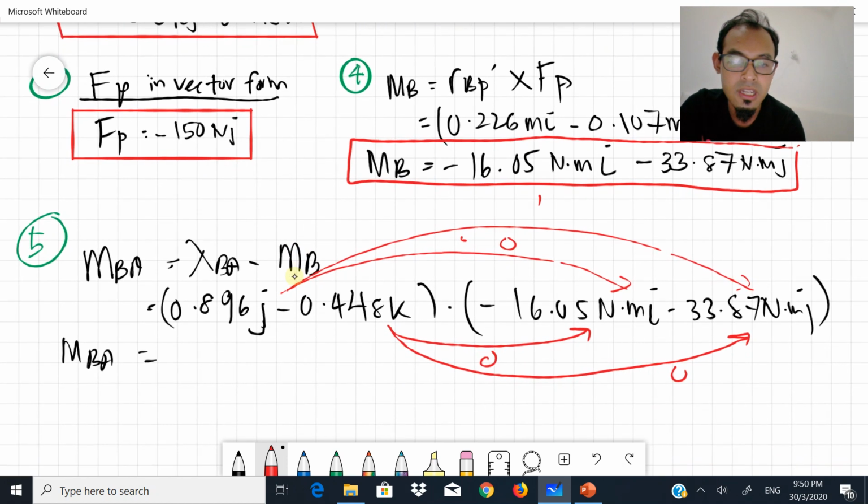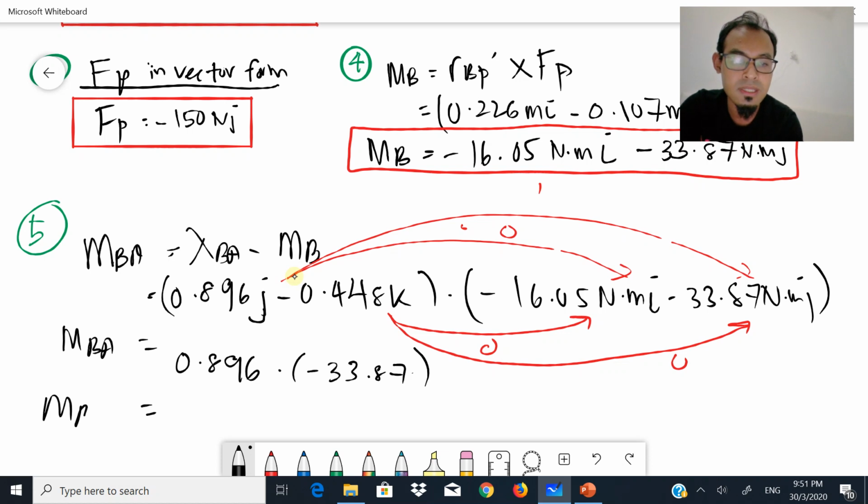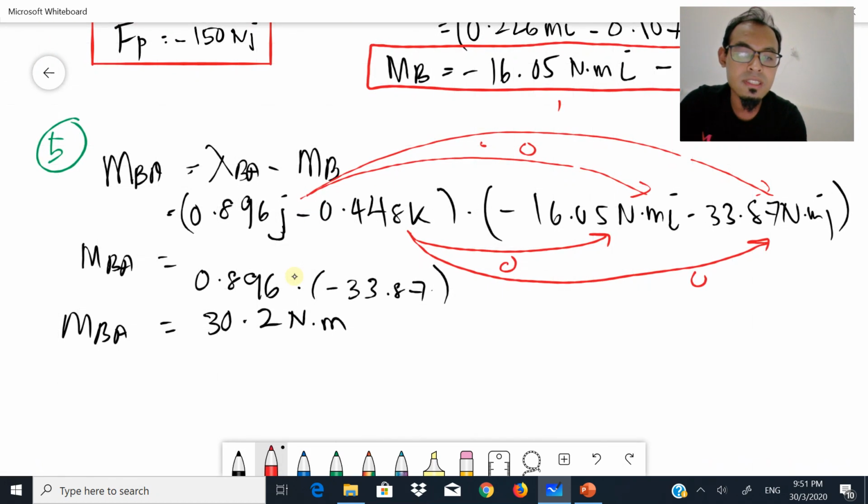So we just multiply 0.896 times negative 33.87. The answer must be negative 30.2 Newton meter. So this is our final answer.